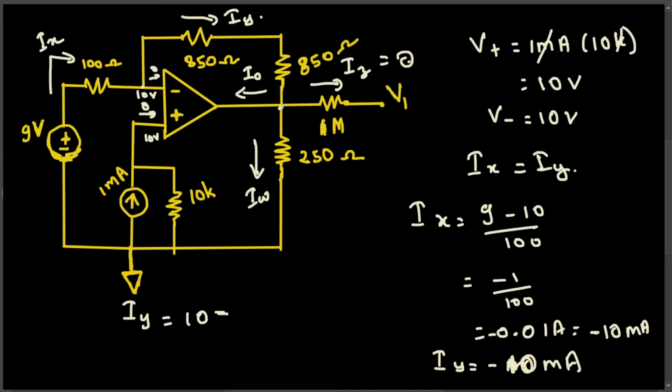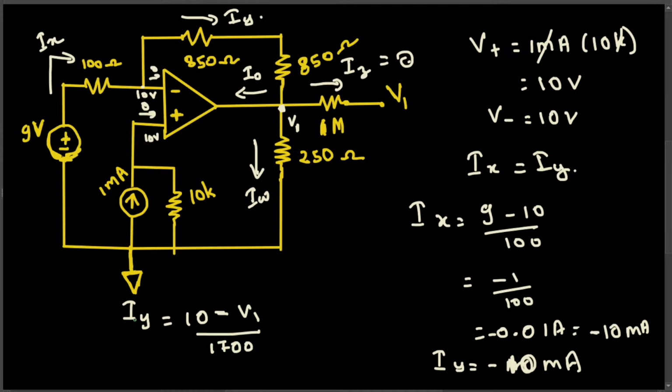Let's find this voltage first. If we find this voltage, it is the same voltage right here, because there's no current going through this, so no voltage drop. So this is also going to be V1. So 10 minus V1 divided by the resistance in between, that is 1700.